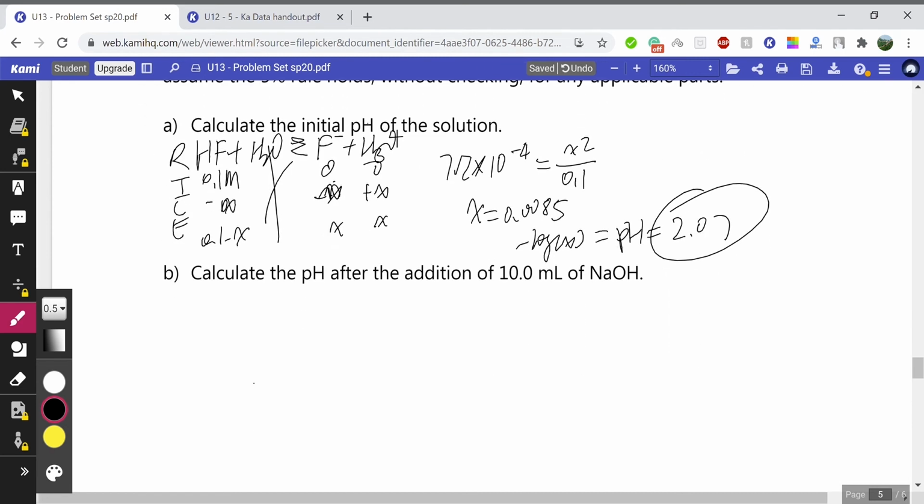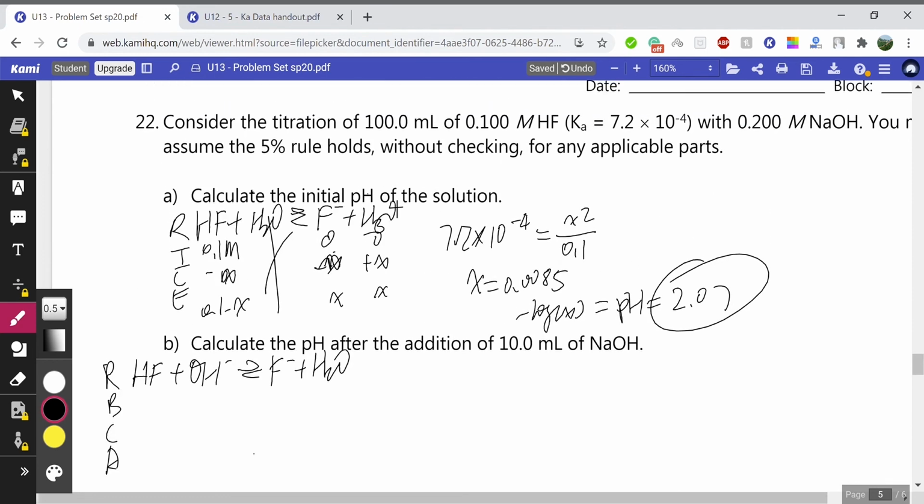Next, calculate the pH after adding. Alright, now we need to first show RICE, HF plus NaOH. The Na doesn't count, so it's just going to be pure OH minus to form F minus plus H2O. Initial is going to be moles. So 0.1 molar HF times 0.1 liters is going to be 0.01.